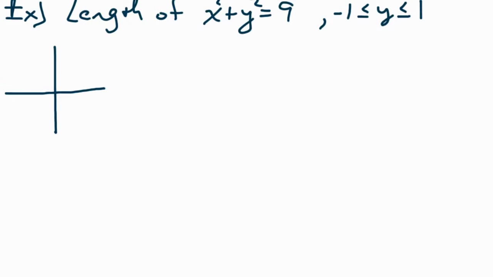Now, if you don't remember that that's a circle, you could always solve this equation for y in order to put it in your calculator and graph it. But I'm going to use the knowledge that x squared plus y squared equals 9 is a circle that has a radius of 3 to help us get this graph drawn. Now, we want to focus on the interval as we move forward here.